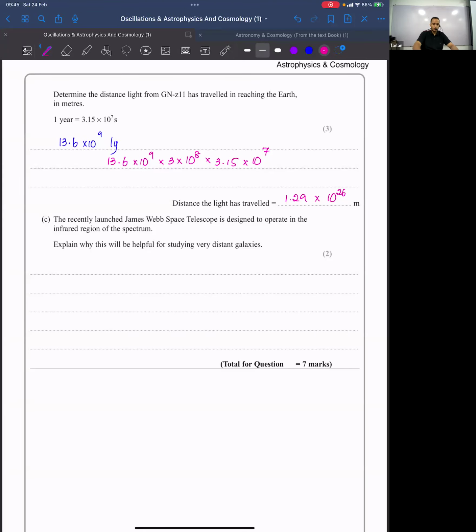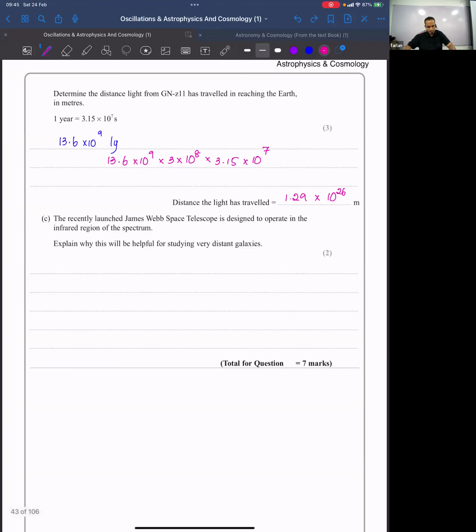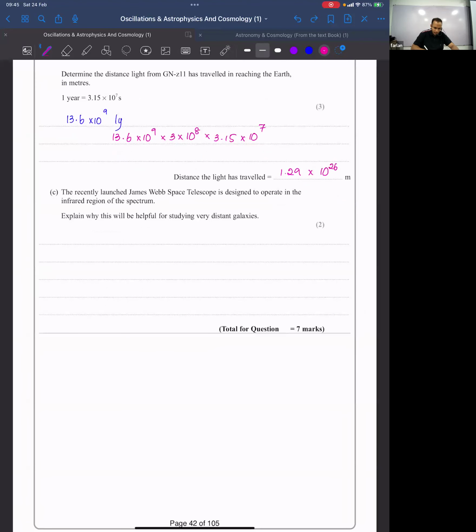Okay, guys, very distant galaxy means, according to Hubble's law, that it's traveling faster. Further they are, faster they are traveling. Correct? Faster they are traveling means the higher will be the change in wavelengths, according to the Doppler effect. So by the time that wave reaches here, it might not be in the range of visible light.